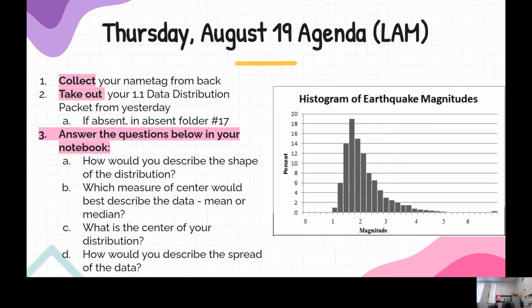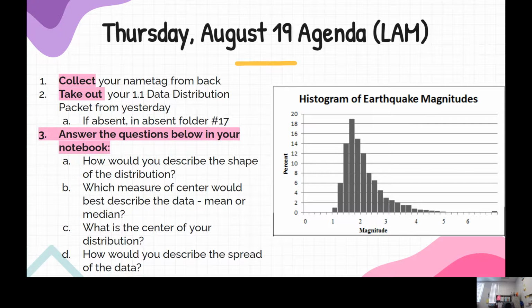You could say about 2, you could say 1.8, 1.9, something close to 2. So your center of your distribution, I'm going to say is about 2. So your magnitude, your center is at about 2.